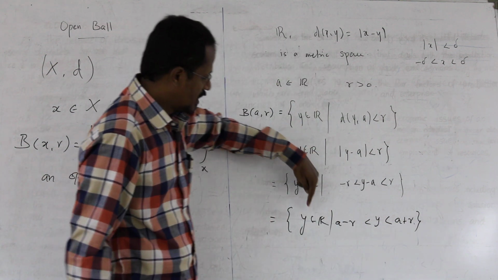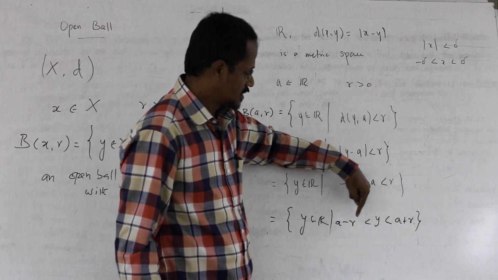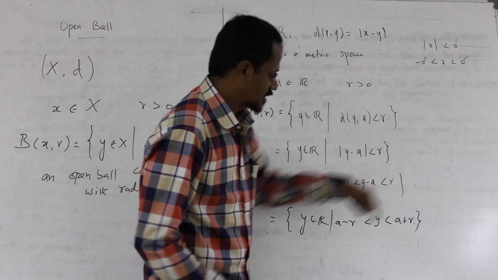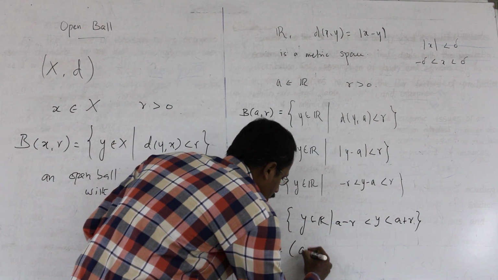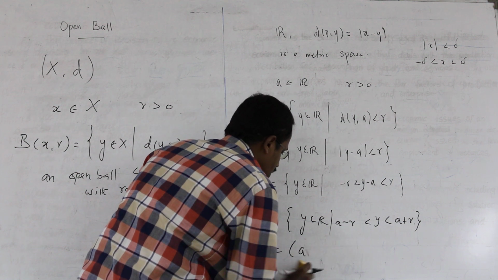So y should be a real number with this property, that is, y lies between a - r and a + r, that is, it is the open interval (a - r, a + r).